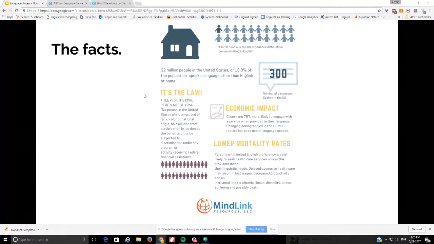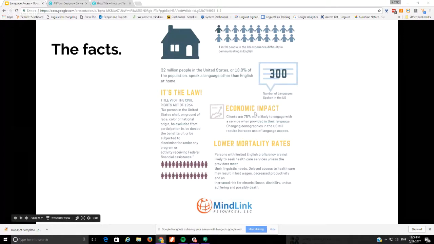But a big reason is that providing language access is the law. It's part of the Civil Rights Act, right? That's why in a legal or medical scenario, you'll see them requiring you to hire interpreters or translators. But it actually is part of inclusion and diversity to offer language access.